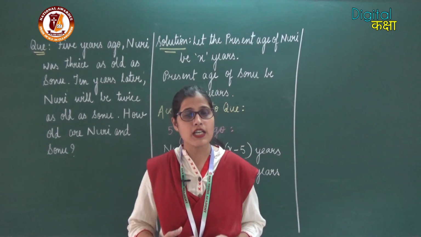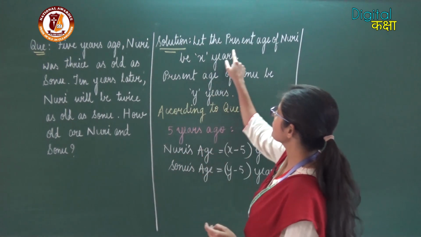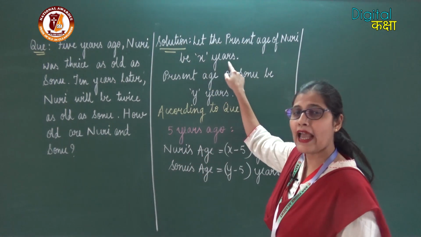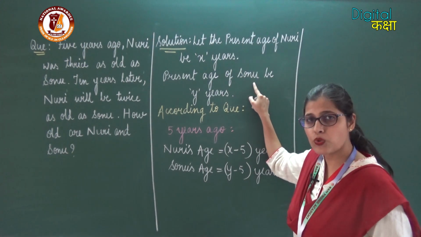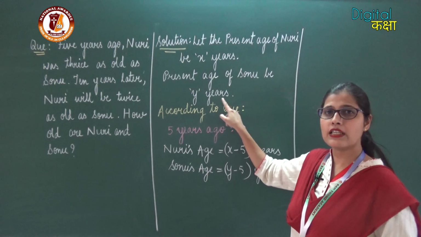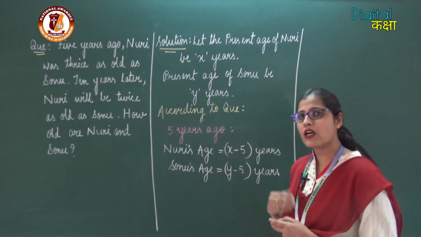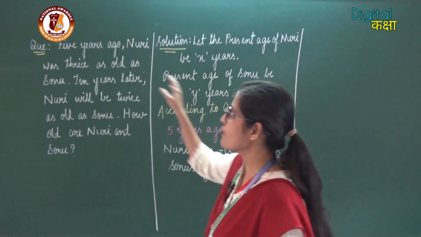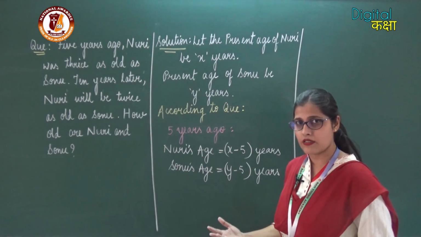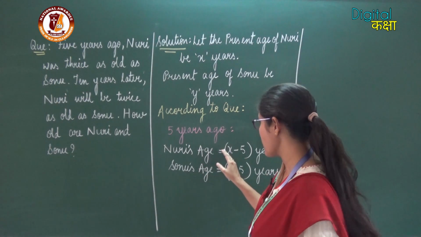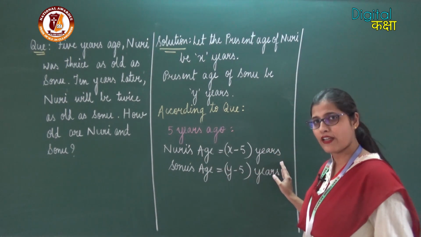So let us first assume the present age of Noori be x years and the present age of Sonu be y years. Now according to the question, 5 years ago, that means before 5 years, Noori's age was x minus 5 years.